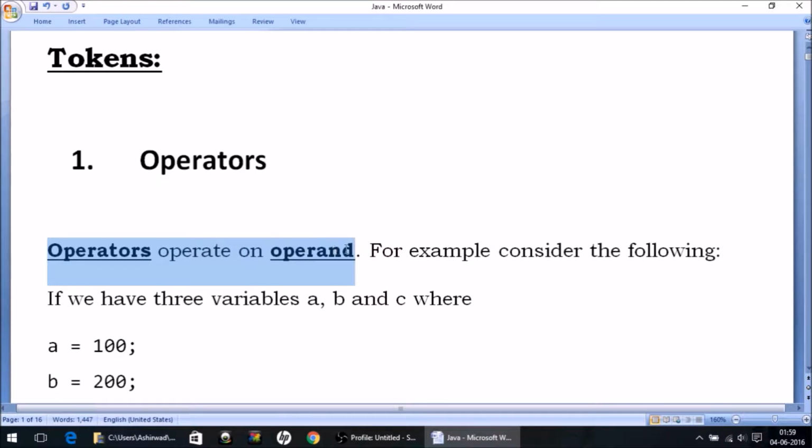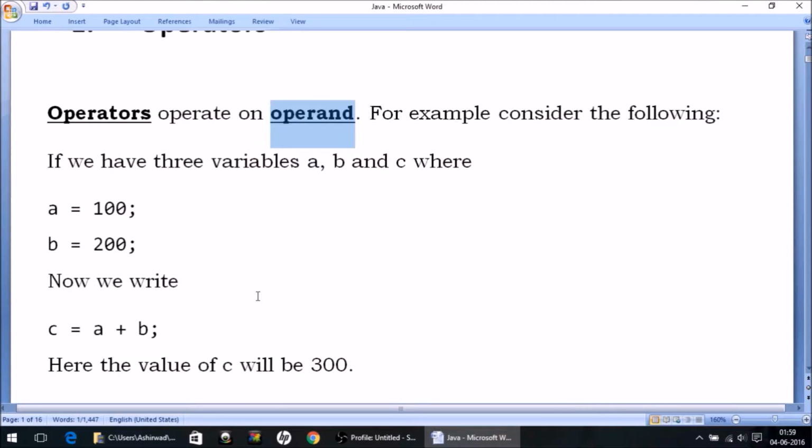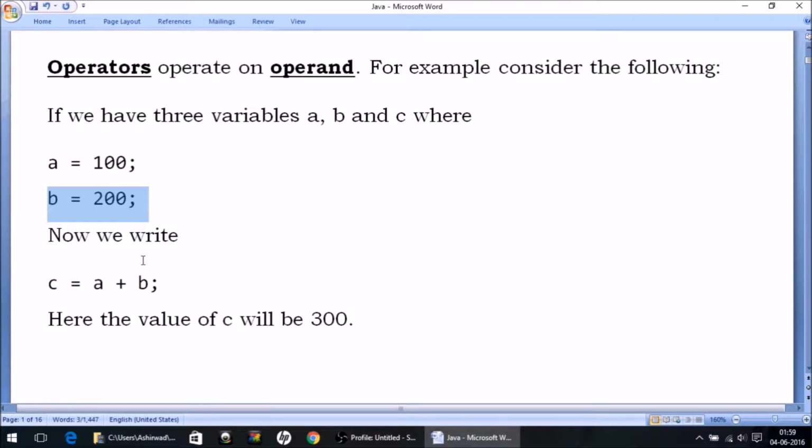Technically speaking, operators operate on operands. This is its definition. And what is an operand? For example, if there is a variable a having value 100 and another variable b having value 200, and if you write c is equal to a plus b, what does it mean? That add the value of a and b and store it in c. Simple.